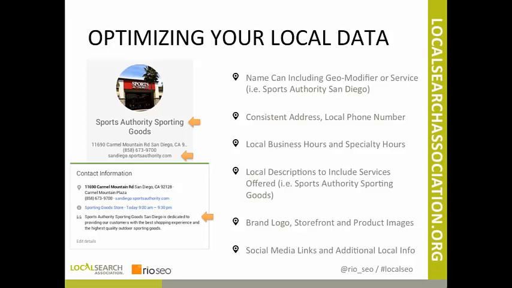Also, brand logos, storefront images, product images. Even Google now has inside store view images where you can take pictures, or they have taken pictures for you, of inside your store to give consumers a better feel of what the business looks like inside. And then the last piece is social media links and additional local information.